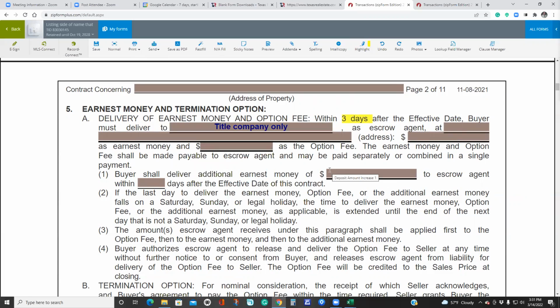Some people like to put in personal names there, like whoever the title rep is, right? And when you do that, it says the buyer must deliver to. If you put Susie in there, then that's who the money should be going to. But it's not. It's going to the title company.